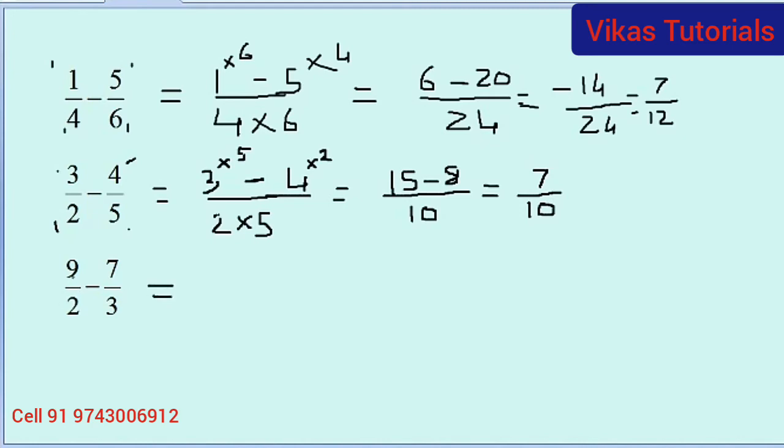Now here see, 9 by 2 minus 7 by 3. Again we will multiply both the denominators. 2 into 3.